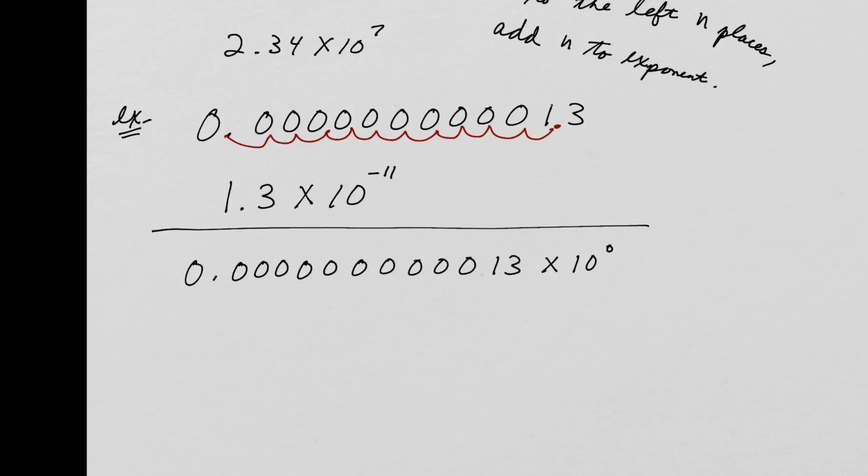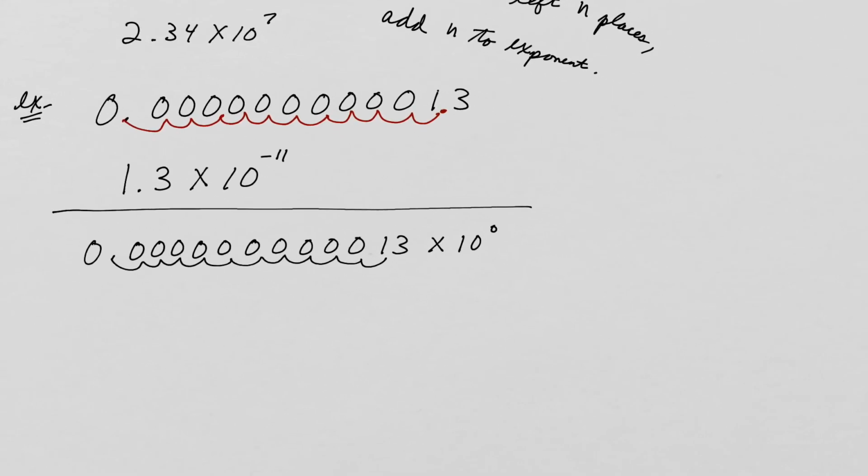And then we can use sort of the general rule now, and I can say, well, if I move the decimal place 11 places to the right, then I have to subtract 11 from the exponents, right? So then you have the same idea as before. If we move to the left, we add to the exponent. If we move to the right, we subtract from the exponent.